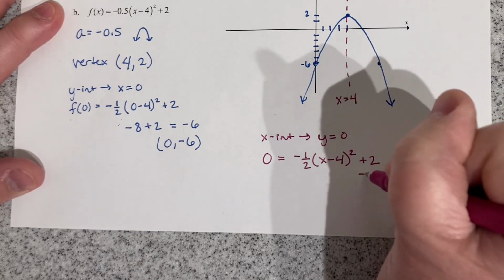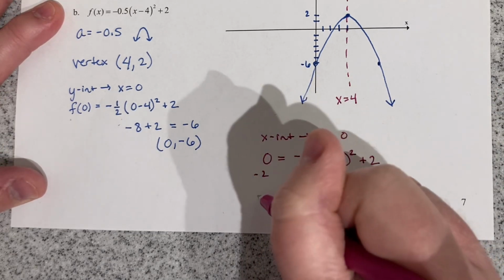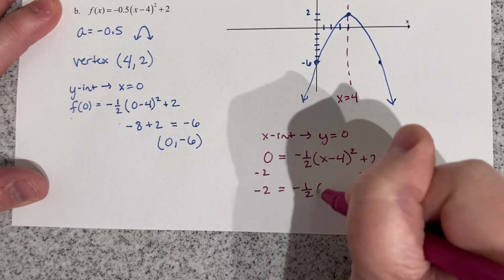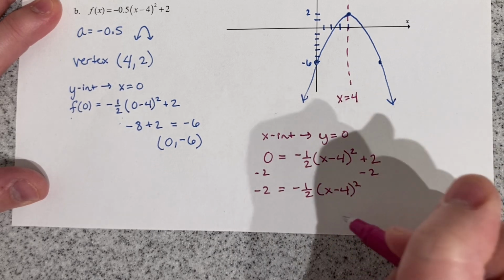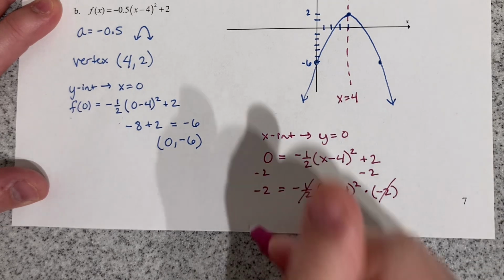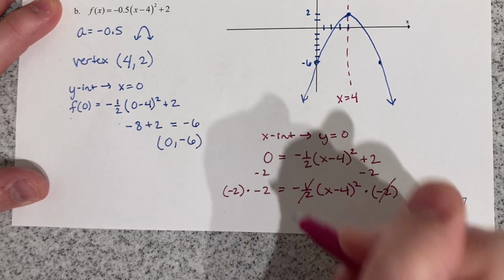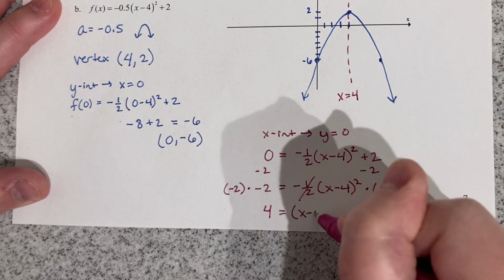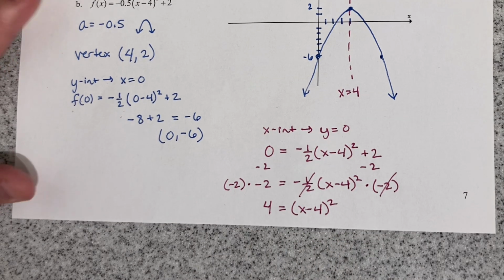I would subtract 2 from both sides. So negative 2 equals negative 1/2 times (x minus 4) squared. I have to multiply by negative 2 to cancel the fraction. So that would be 4 equals (x minus 4) squared.